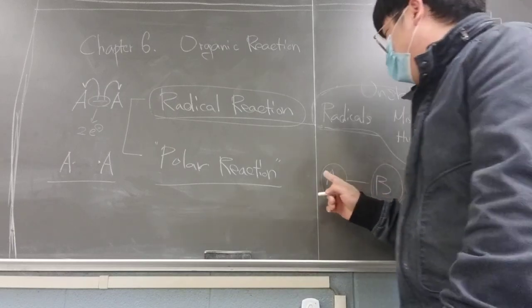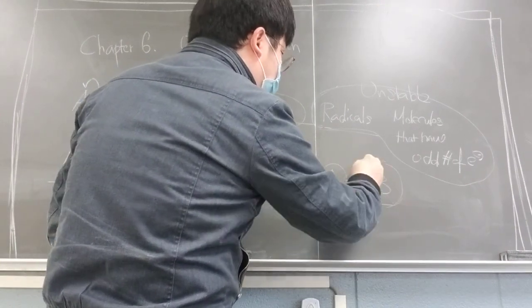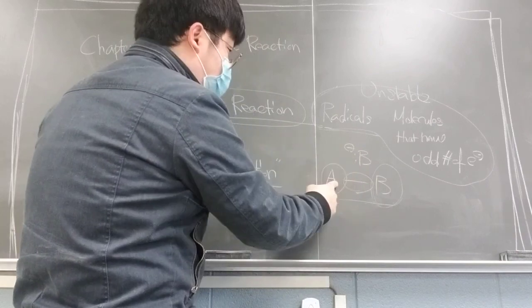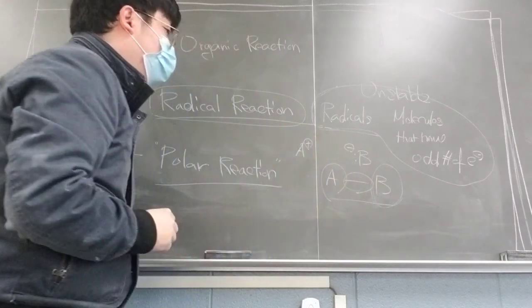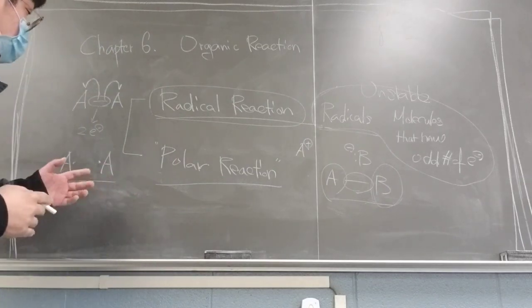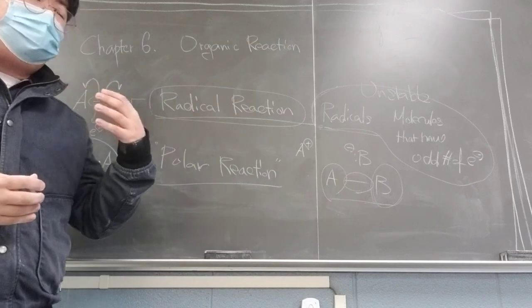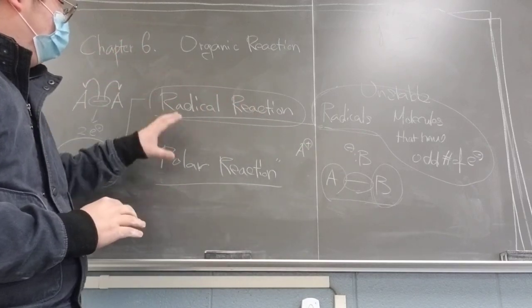There are 2 electrons in here as well. B gets all of them, becoming the winner, and A loses both electrons. As you can see, how they arrange the electrons at the breakage of the bond is totally different between the radical reaction and the polar reaction.